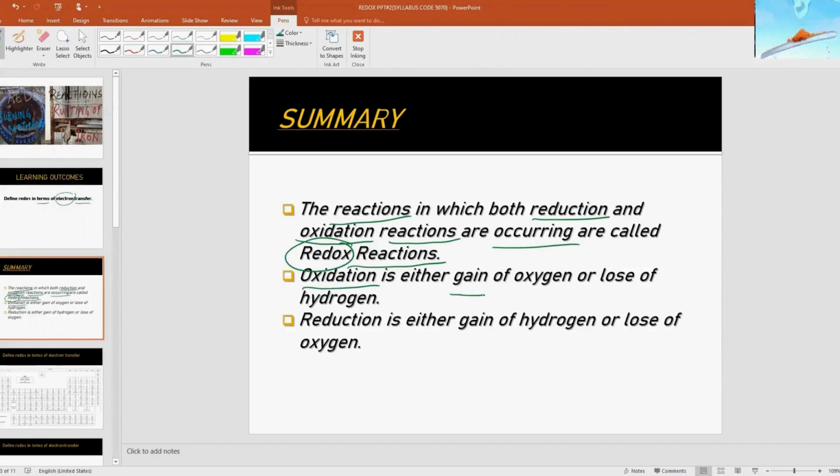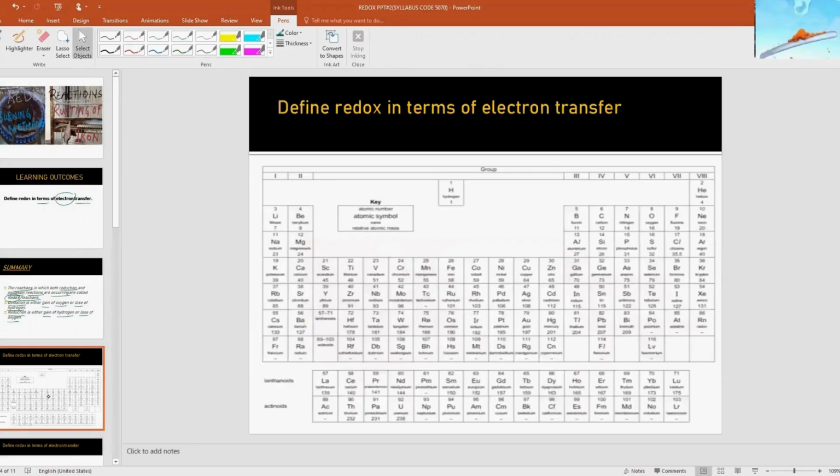Oxidation is either gain of oxygen or loss of hydrogen. Reduction is either gain of hydrogen or loss of oxygen. Now look at this periodic table and recall the concept of valency. Let me write here valency.